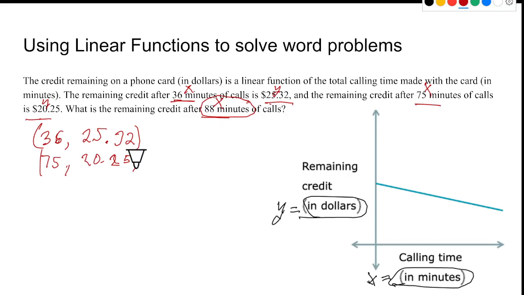So first step is, again, it's a linear equation, we can see straight lines, so we want y equals mx plus b. So we want to find the rate of change, which we'll do as we did last time. Again, you can plug it into the formula, or you just remember x is your first coordinate, y is your second coordinate.